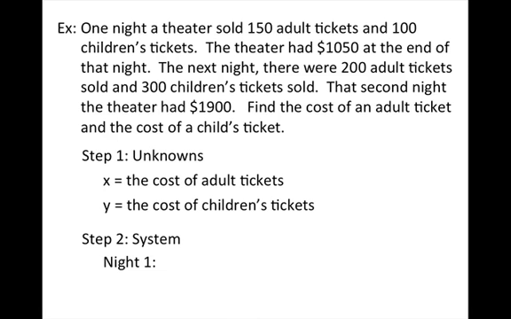If the adult tickets cost X dollars each, I'm going to multiply the cost by the number sold. And they also sold 100 children's tickets, and the cost of a child's ticket is Y. So I'm going to multiply the 100 by Y. If I add those values together, it'll give me the $1,050 that the theater took in that night. So for night 1, 150X plus 100Y equals 1,050.